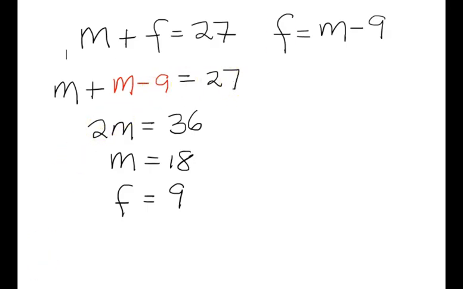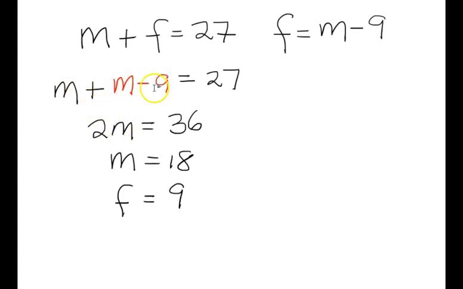So, showing the correct substitution, if females equals m minus 9, where the f is in the first equation, we're going to substitute m minus 9, which is what I show here in red, substituting for this f, so that we group like terms, we get 2m.